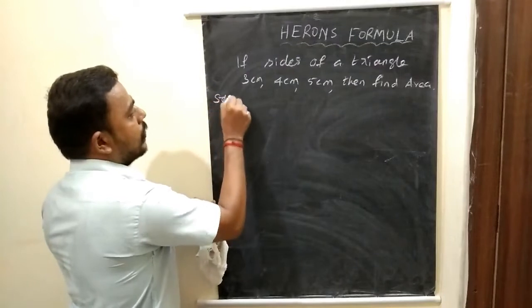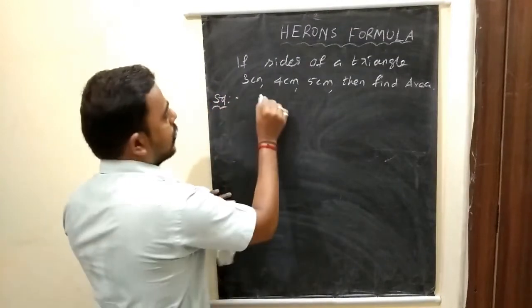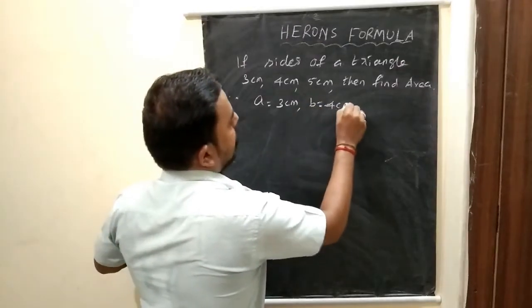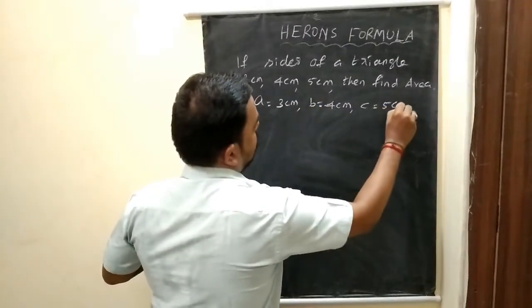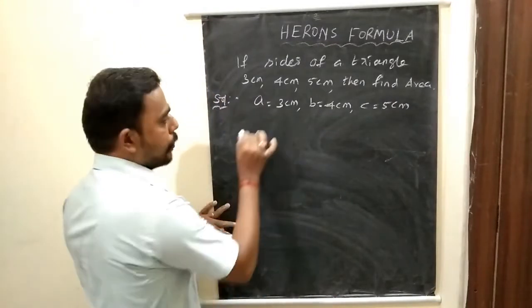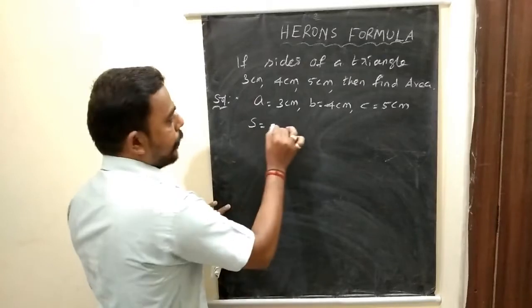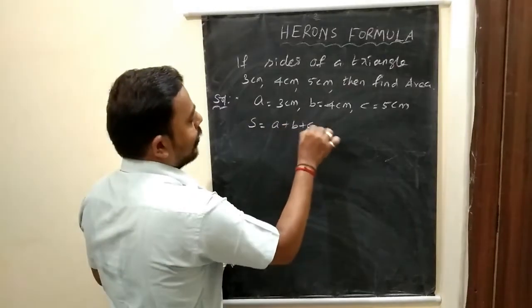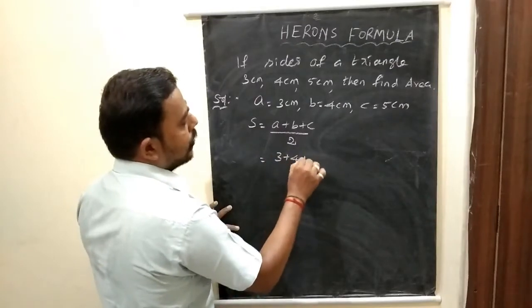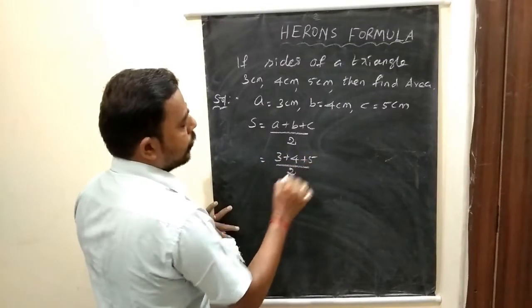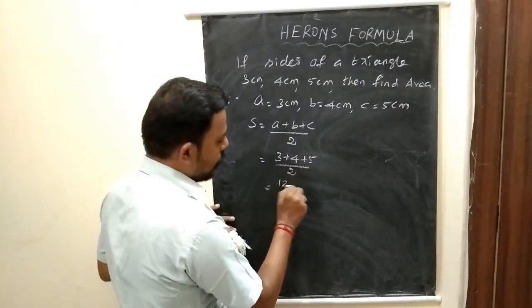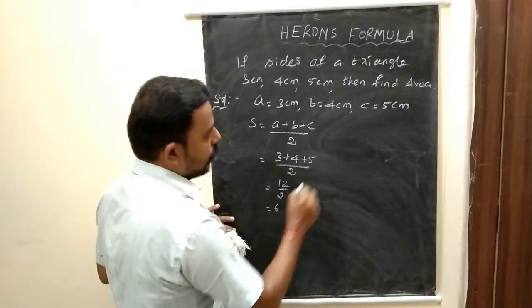For that, like the previous question, consider A equal to 3 centimeter, B equal to 4 centimeter, and C equal to 5 centimeter. So therefore, solution: first find the semi-perimeter, A plus B plus C divided by 2. So equal to 3 plus 4 plus 5 divided by 2. 7 plus 5, 12. So 12 divided by 2, that is 6.